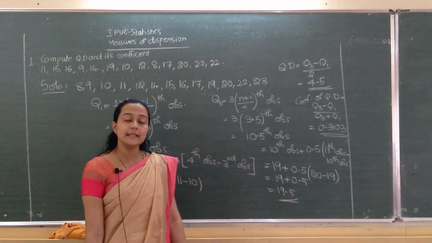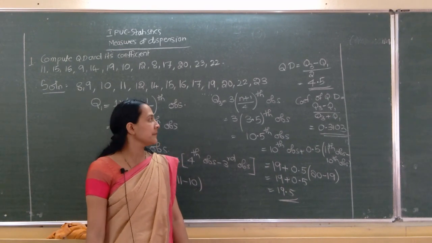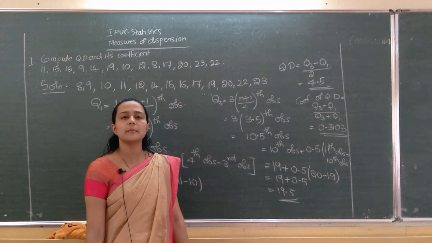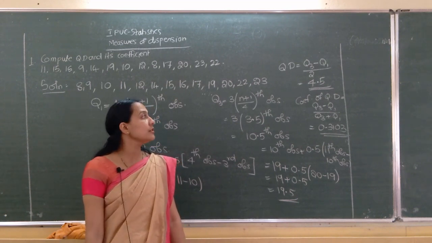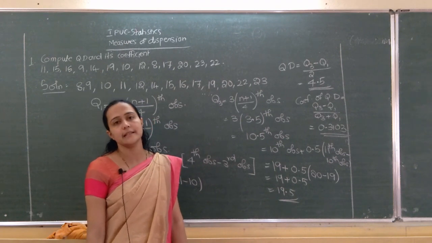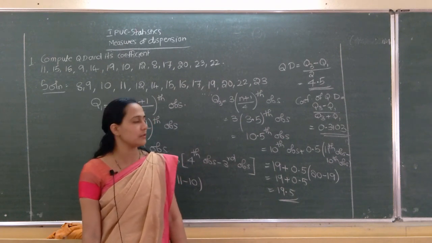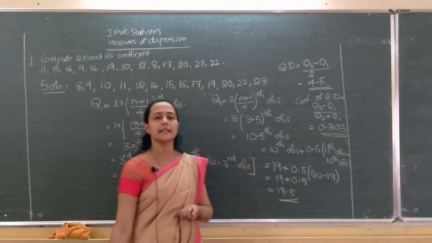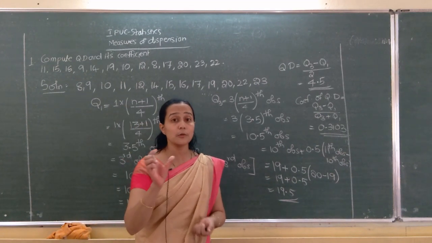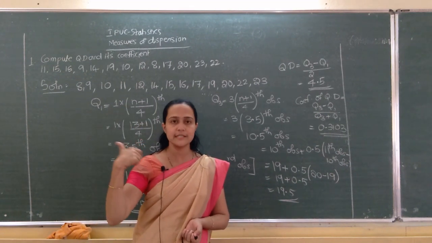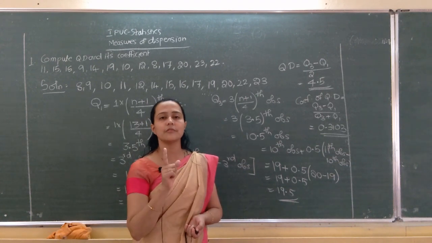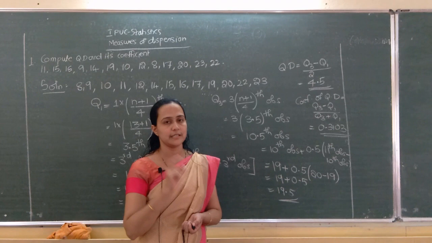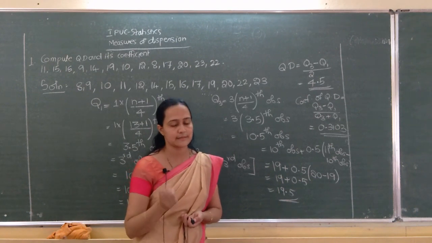Answer is 19.5. So, QD is Q3 minus Q1 divided by 2. Answer is 4.5. Coefficient of QD is Q3 minus Q1 divided by Q3 plus Q1. Answer is 0.3103. If any units are given, the unit will be there for QD, and the coefficient of QD is independent of units. Just remember those two things.